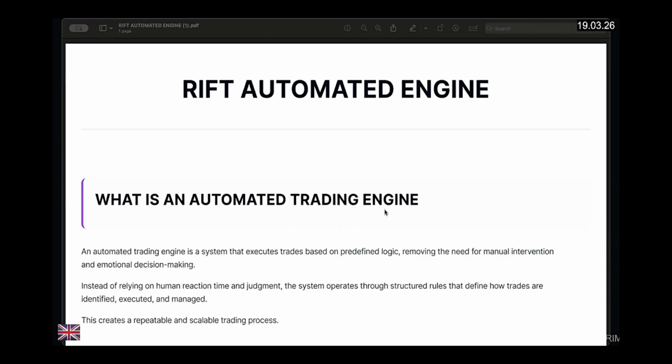So an automated trading engine is also a system that follows rules, a system that executes automatically by itself, and that removes human interference completely, especially from the trading activity that you yourself engage in on Rift.